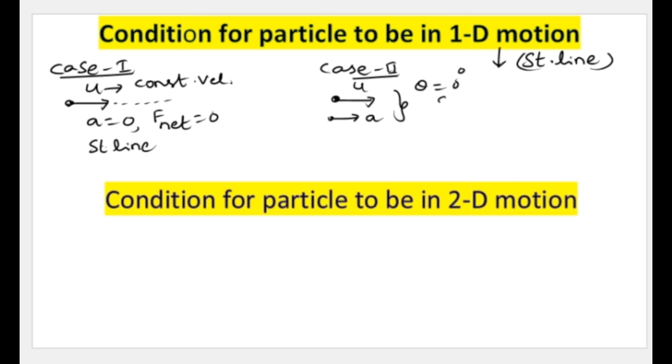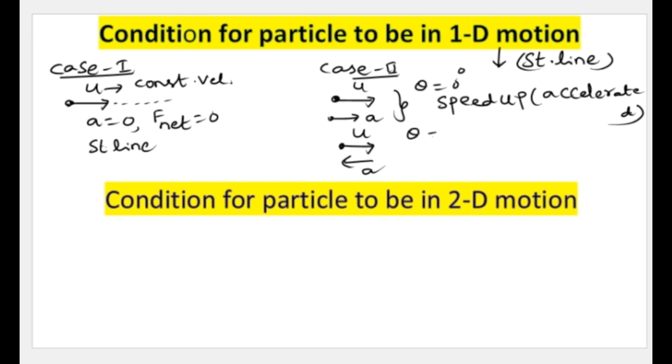If both are in the same direction, already we know very well the particle speeds up. That means the particle is accelerated. Next, if initial velocity and acceleration are in opposite direction, in this situation theta is equal to 180 degrees.